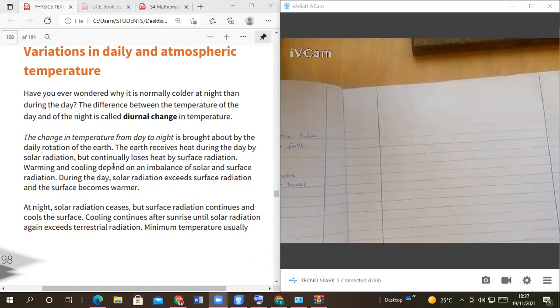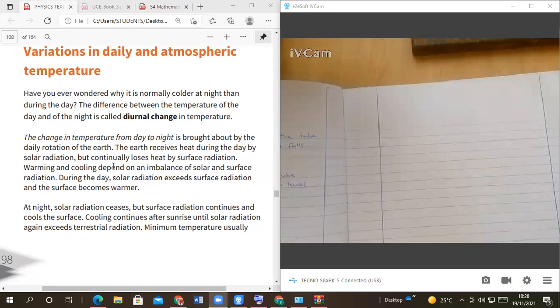The reason is that there is what we call the surface radiation. This surface radiation is due to the heat that is emitted from the ground. The ground absorbs heat during the day and it also emits it during the day. So that's the surface radiation, the heat that is lost from the land or from the ground, and this causes the warming.